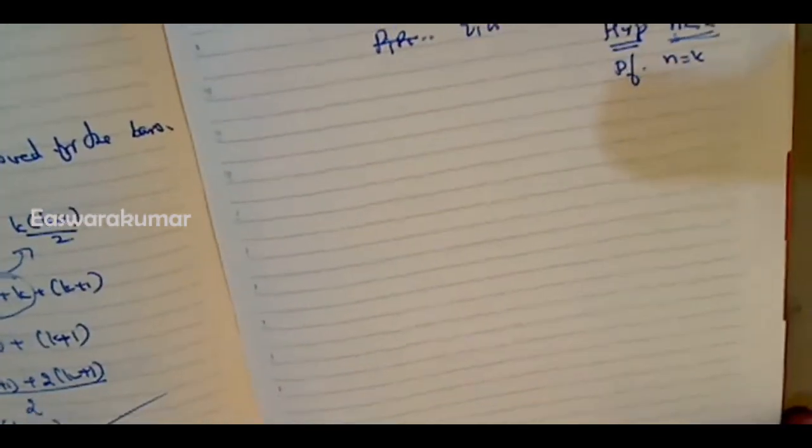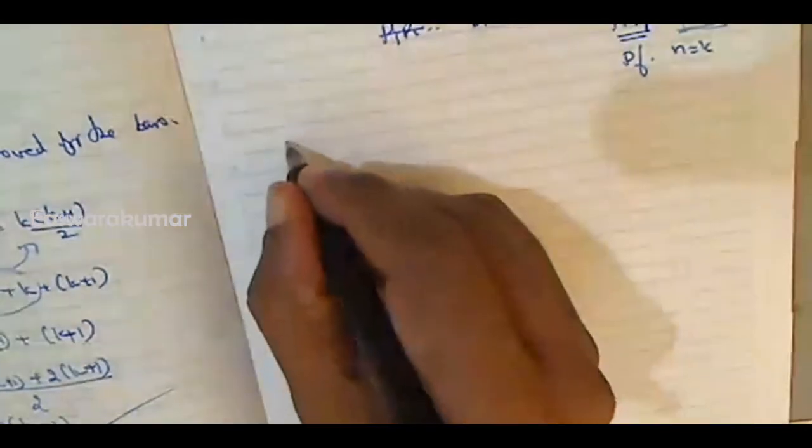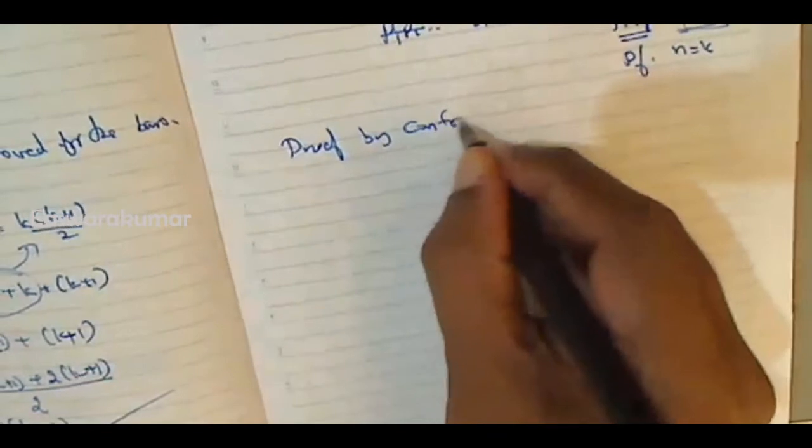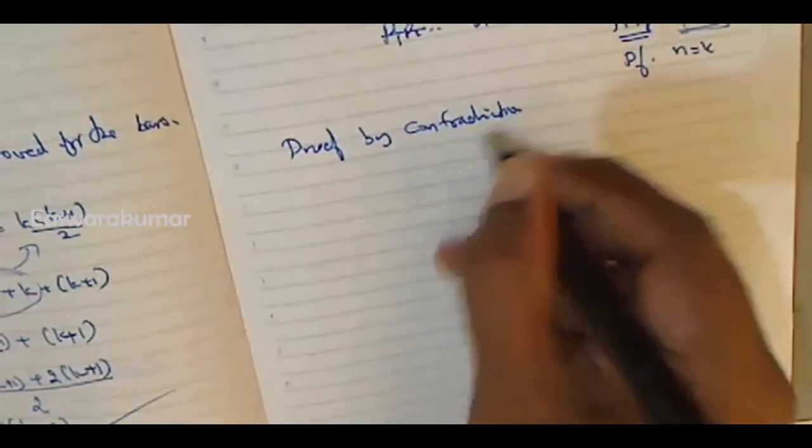Then the second proof technique is called proof by contradiction. So what is proof by contradiction? If you want to prove something, you assume that the statement does not hold good.